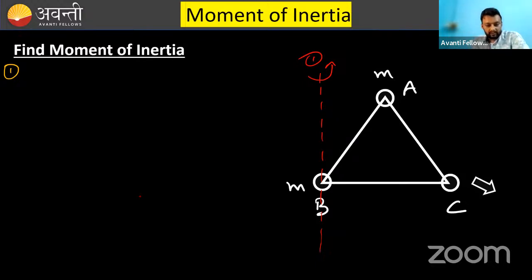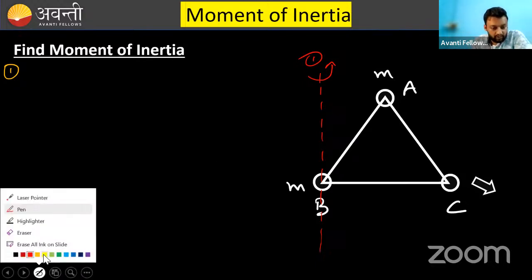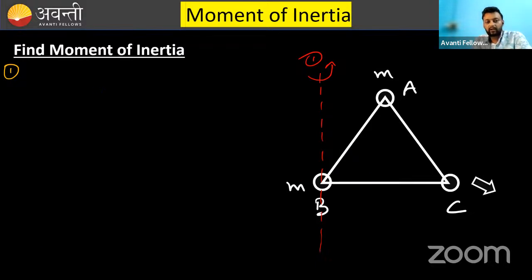Now, what should we do first? Moment of inertia equals: how many particles are there? 1, 2, 3 particles. Take one particle and multiply it with the perpendicular distance squared. Let's suppose this is our first mass, I am taking it as m. Now multiply it with the perpendicular distance.